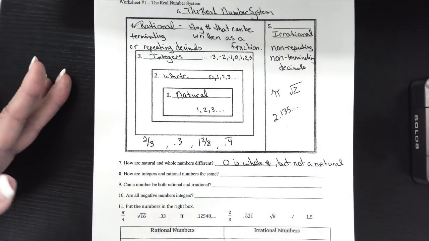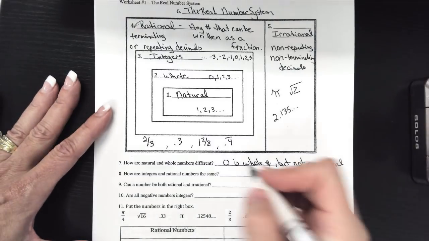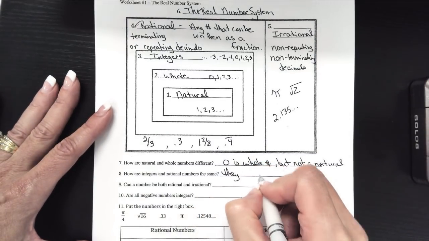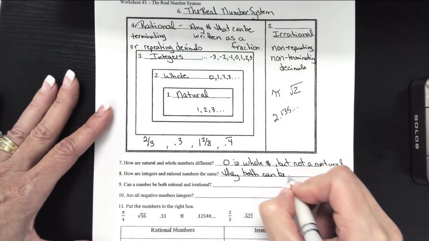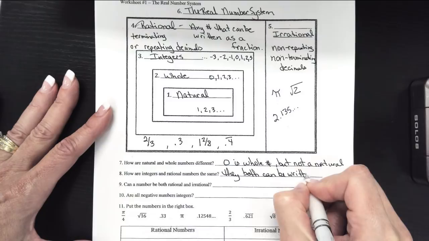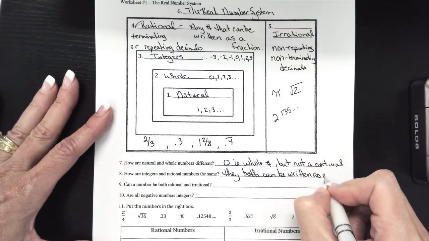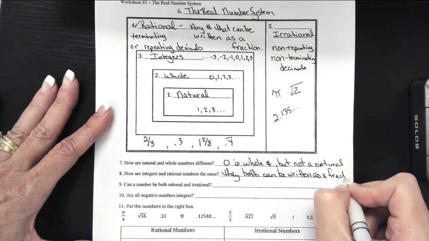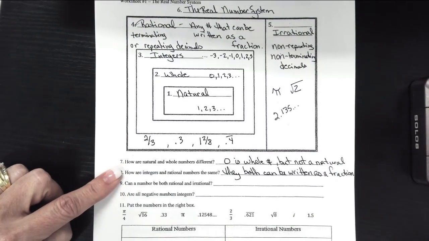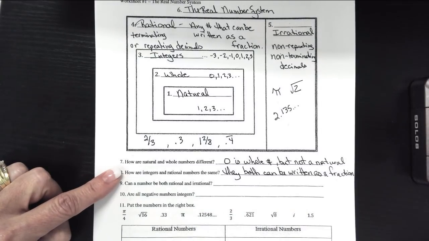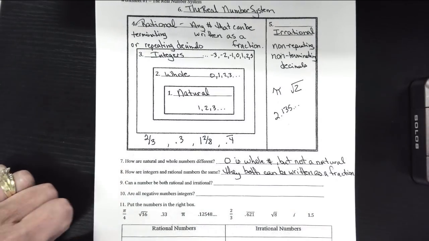They both can be written as a fraction. -2 is an integer. -2/1 is still an integer. It's also rational.